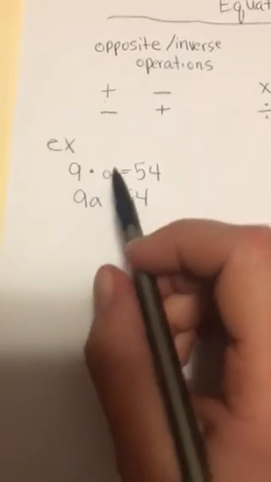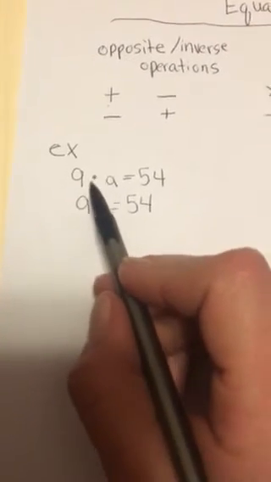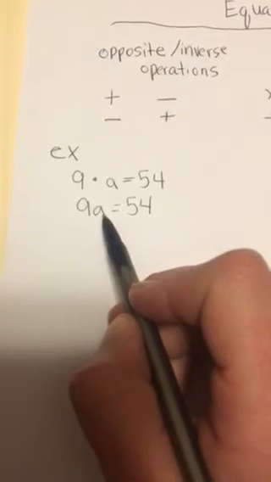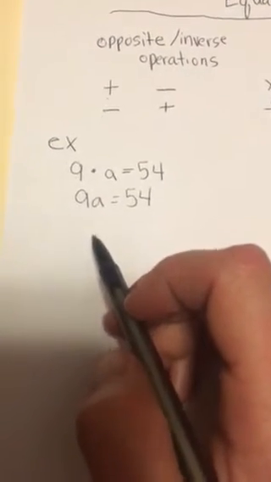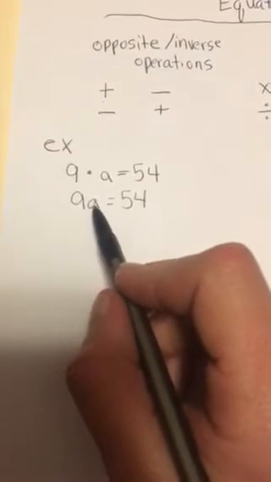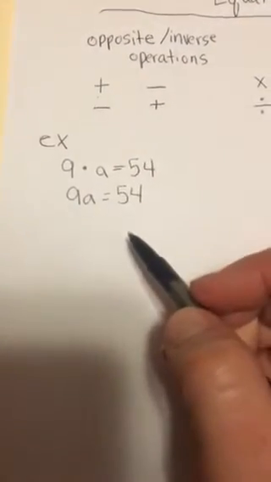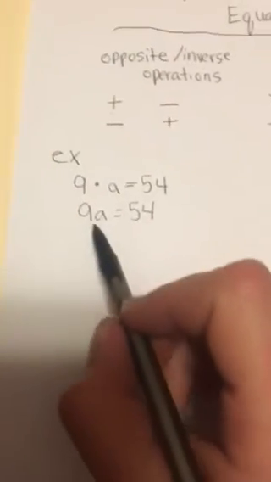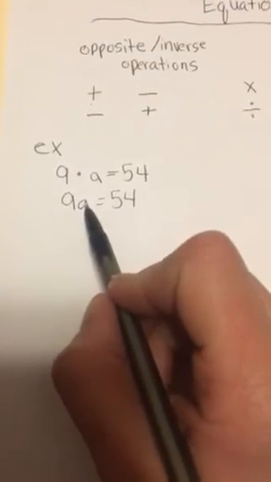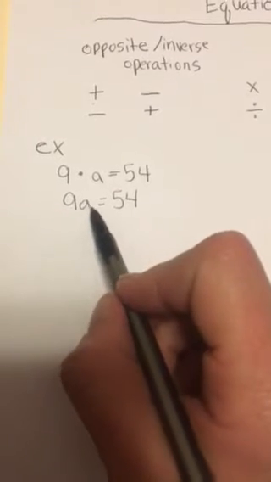You're just going to have to remember that when you have a number and a variable right next to it, without an operation separating them, this means 9 times A equals 54. Okay? All right. So we want to get A by itself on one side of the equation so we can solve for what A is.